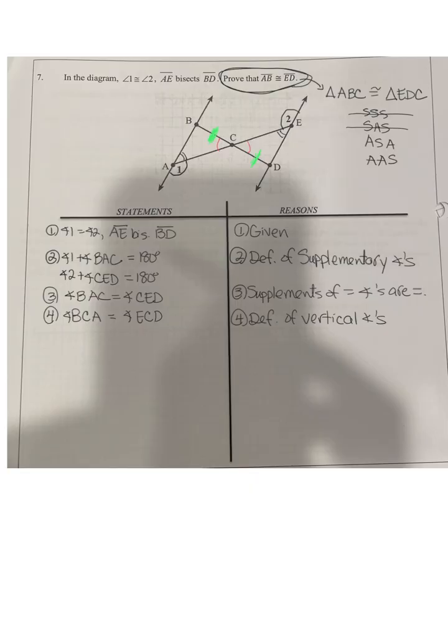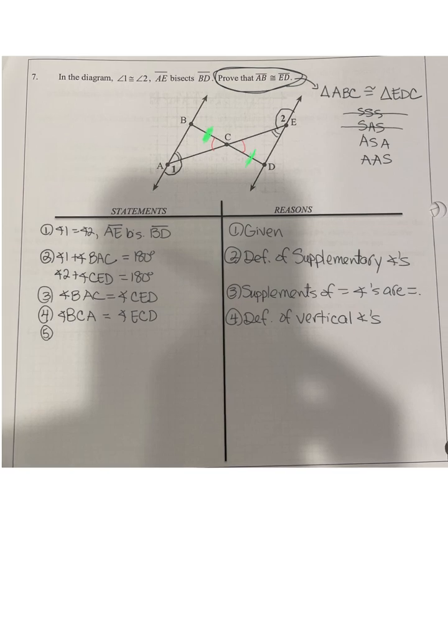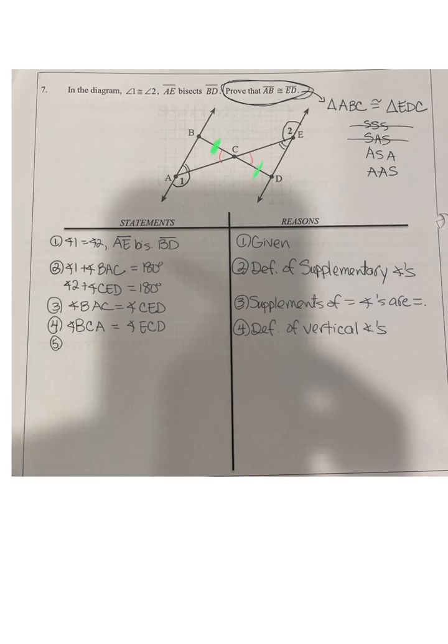All right, now I'm not sure if your teacher does this in two parts. I'm going to do it in two parts, but your teacher may not. So what I mean by this is first, I would start with this. I would say C is the, I'm going to abbreviate, midpoint of BD.